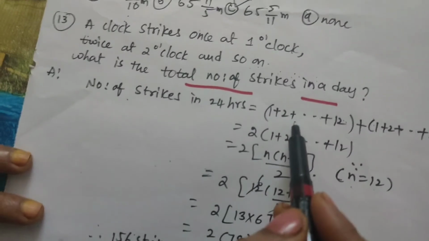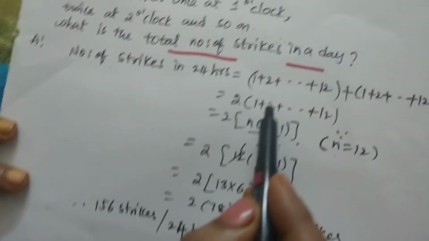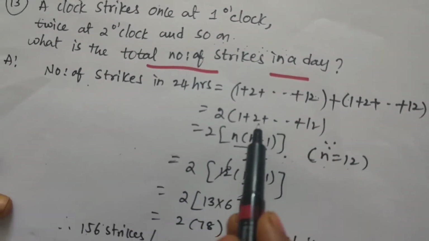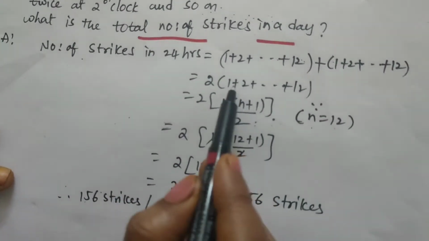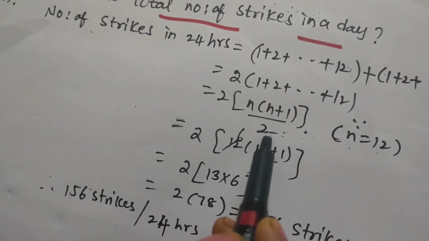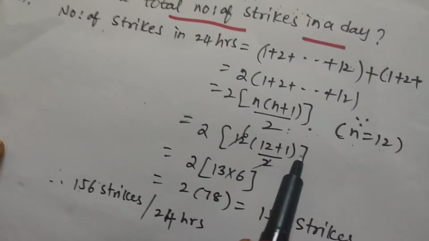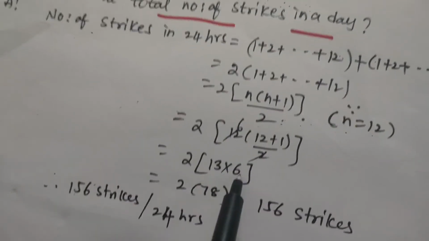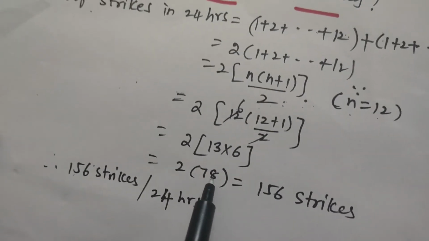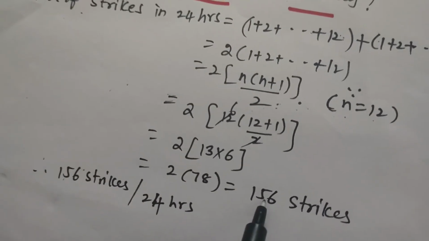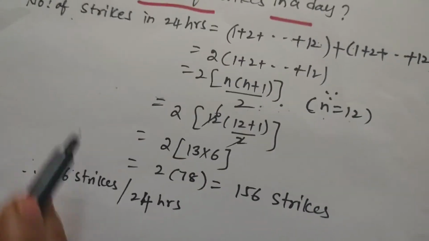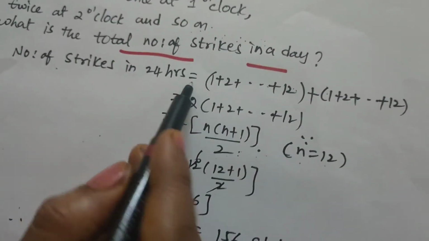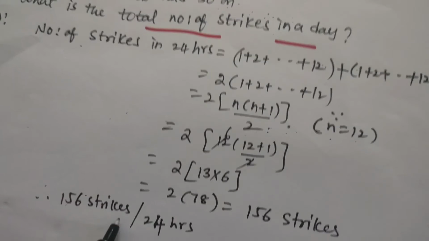So here we use the formula for the sum of n natural numbers, multiplied by 2. The sum is n into n plus 1 by 2, where n is 12. Substituting, 13 into 6 is 78, and 78 into 2 is 156. So the number of strikes in 24 hours is 156.